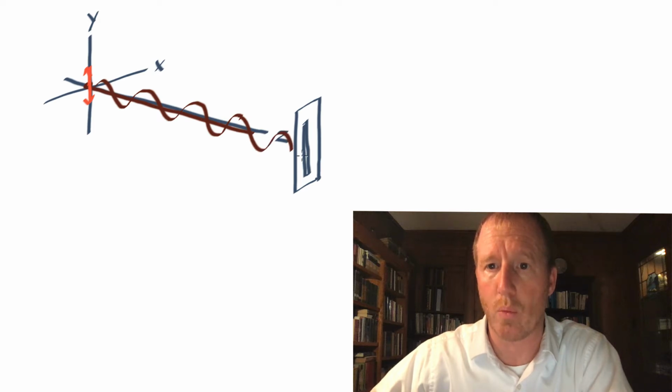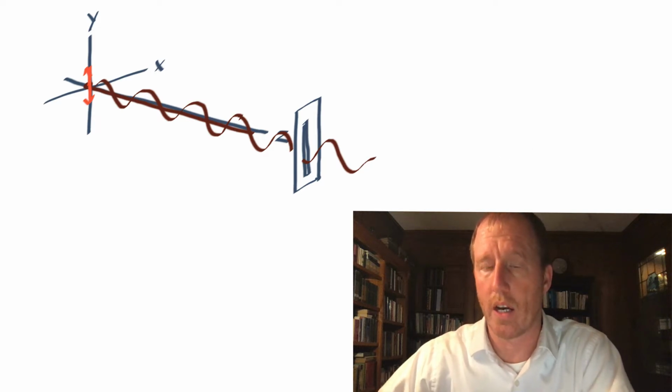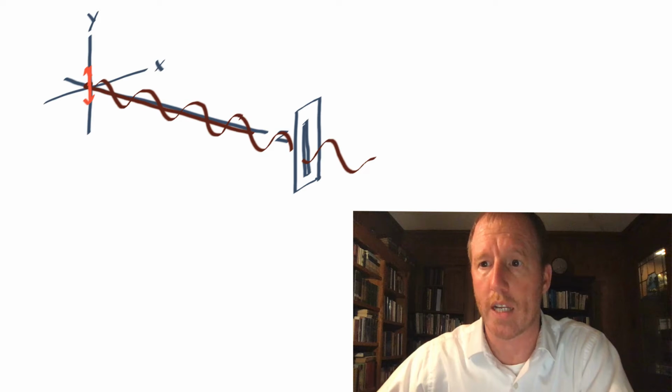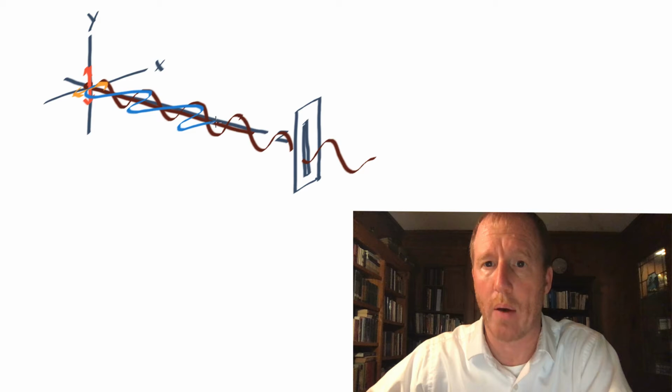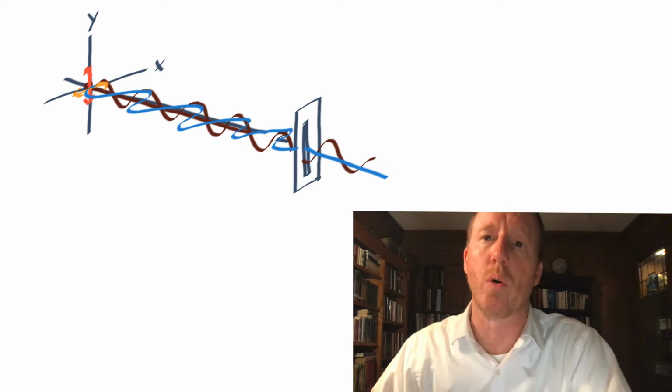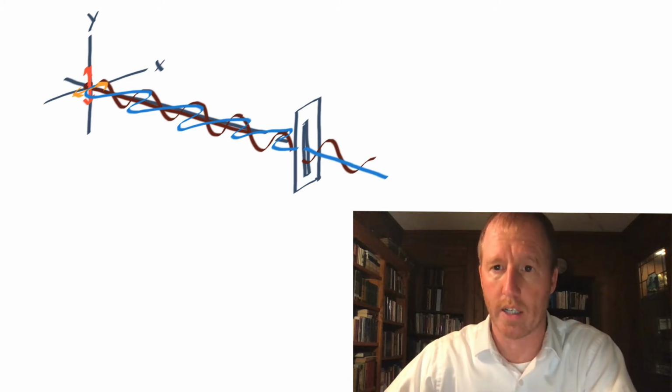If we had the wave shaking up and down, then it would easily make it through that slit. On the other hand, if we were to shake it back and forth, along the x-axis, so that this string would shake back and forth in this way, that would be horizontally polarized, and then that would be blocked and it would not make it through the filter, this cardboard sheet with a slot cut in it.